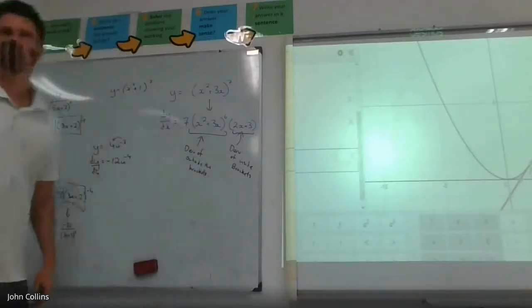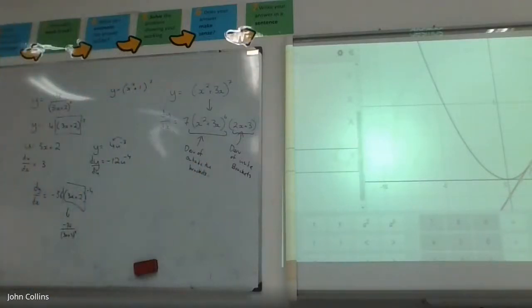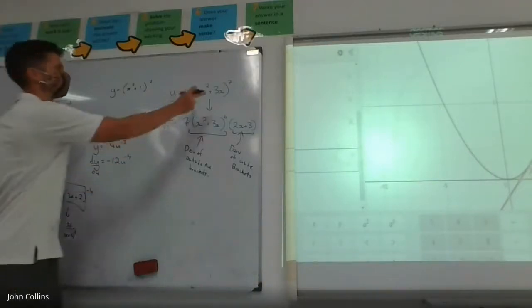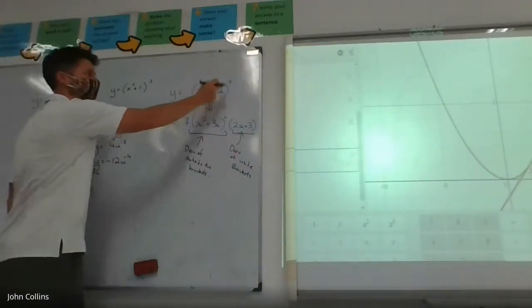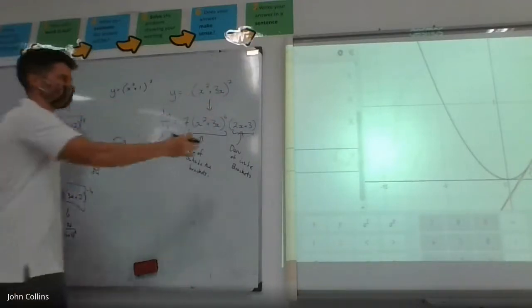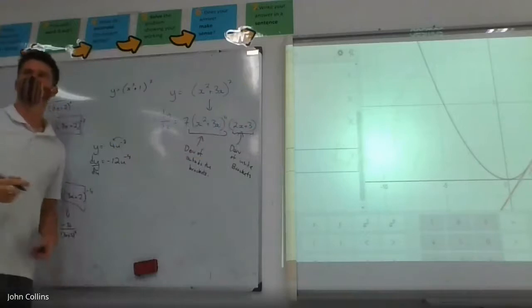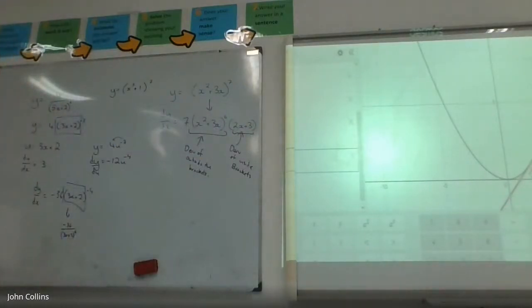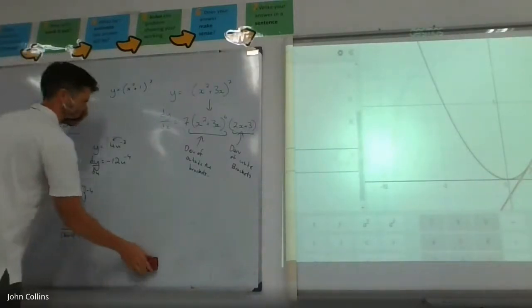Not entirely a very mathematical way of looking at it, but it is a quick way of getting there. So you imagine this is just like an x, derive this. Don't worry about inside the bracket, and then afterwards you multiply it by deriving what's inside the bracket. That is the chain rule. Very important. Okay.